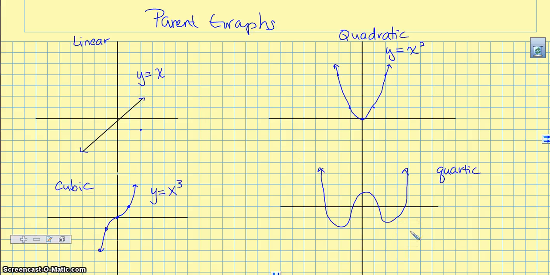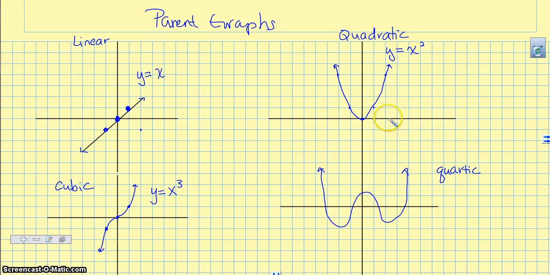I want you to be cautious of their shapes. I know that these aren't the best, but for a linear equation, the parent function is y equals x. It goes through the origin. This one's a little bit off. It goes through 1, 1 and negative 1, negative 1. Linear functions are always lines.